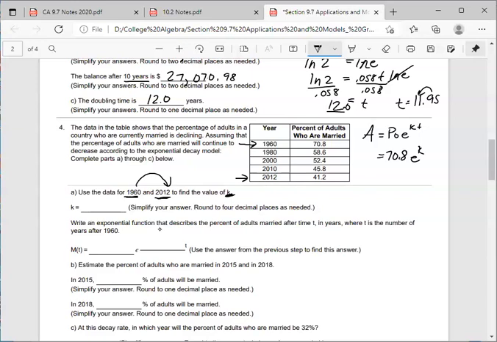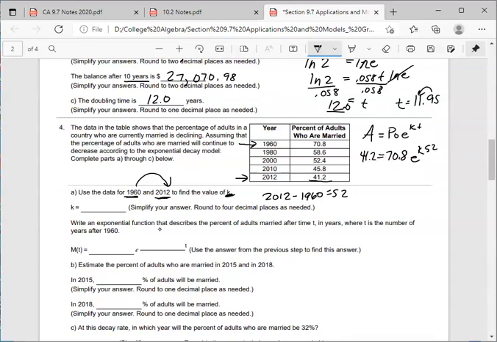So we should be able to figure out how much time has gone by from 1960 to 2012 by subtracting 2012 minus 1960. And that's going to be 52 years. Okay, at 52 years, what's the amount that we ended up with? The percent that we ended up with was 41.2. Do you understand where I came up with this stuff?